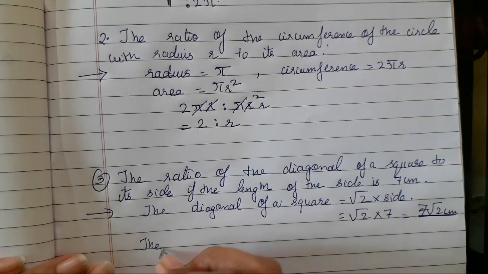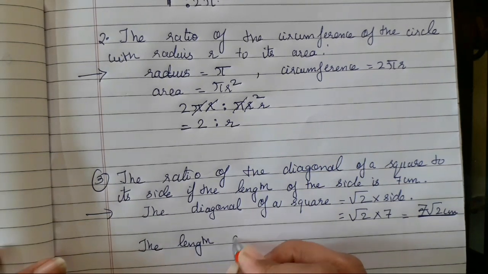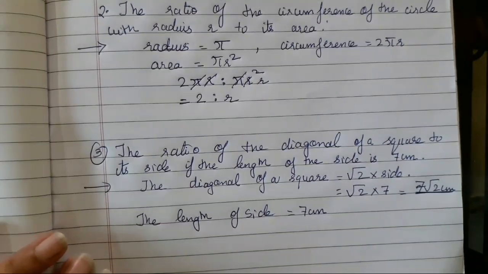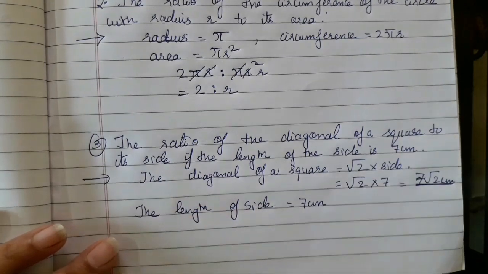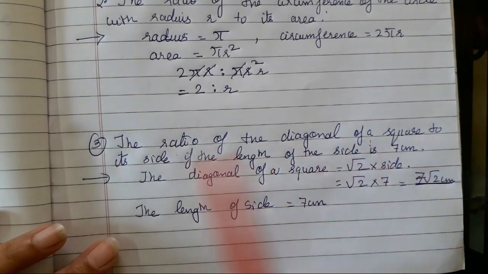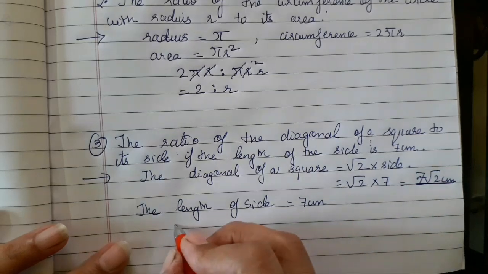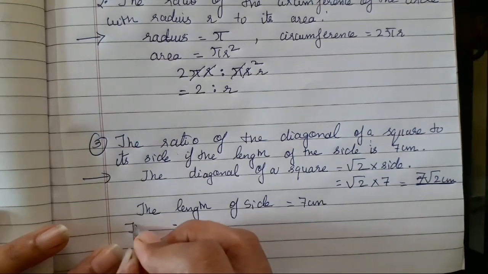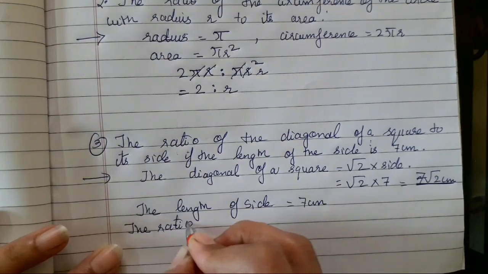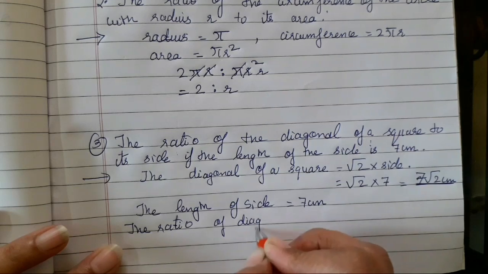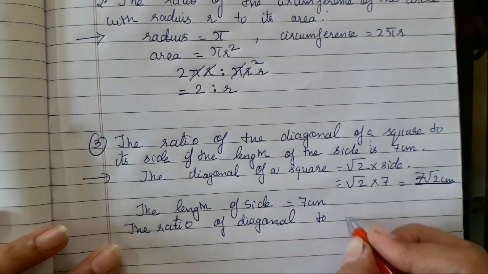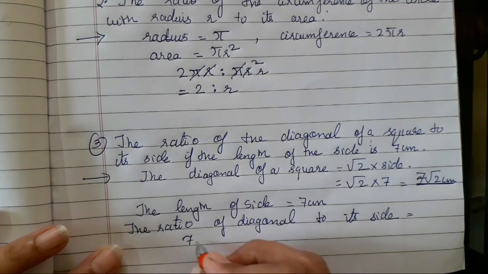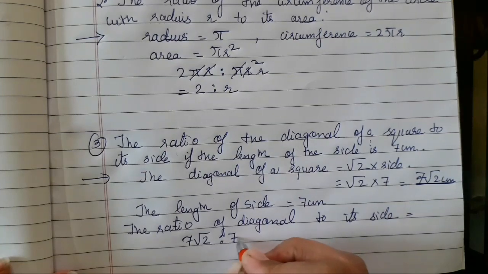Okay, the length of side is 7 centimeter, isn't it? Now the ratio of the diagonal of a square to its side, what it is going to be, according to the sentence that they have given, the ratio of diagonal to its side is going to be 7 root 2 as to 7.